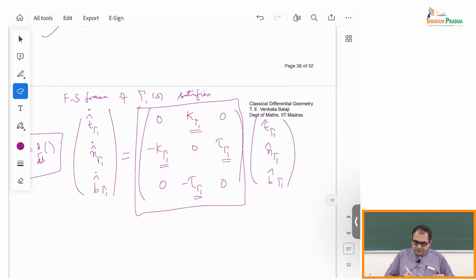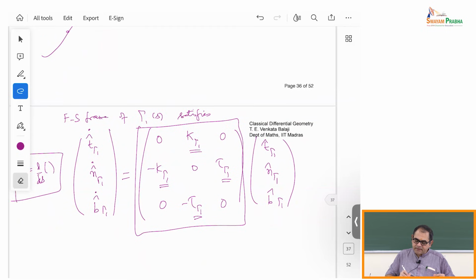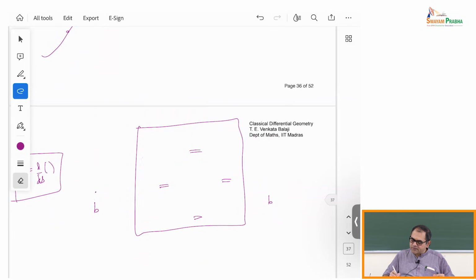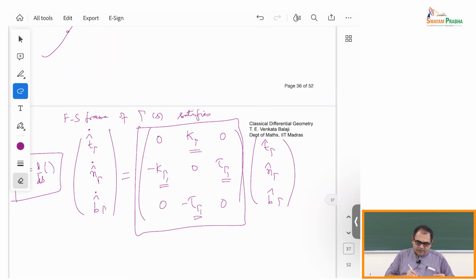So the point I want to say, let me modify this and replace the 1 by i, so I'll put gamma i, where i is equal to 1, 2.